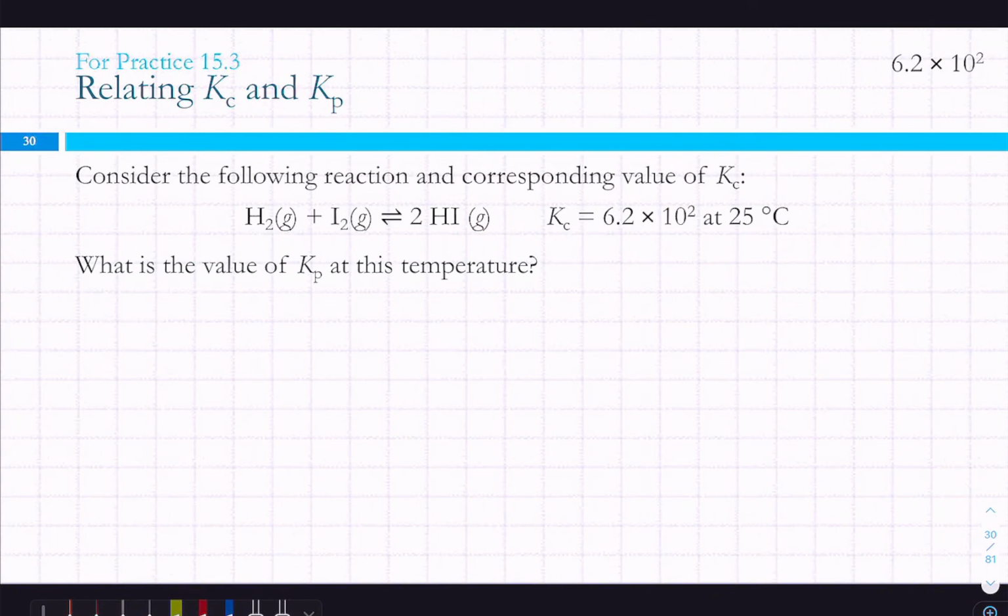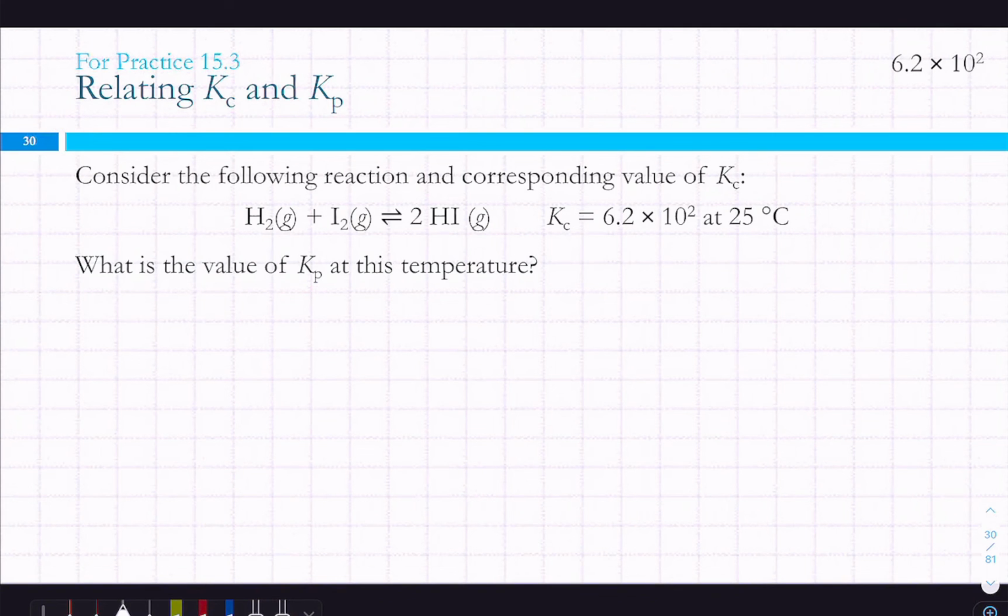So for this equation, what is Kp for this temperature? Same as Kc. Why? Because there are equal moles on each side. Equal number of moles of gas on each side.